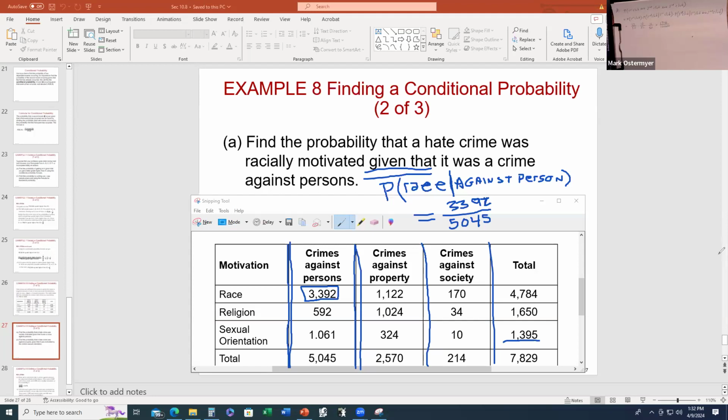All right, now listen to this. Given that a crime was racially motivated, what's the probability that it was against society? No, listen. Given that a crime was racially motivated, what is the probability it was against society?